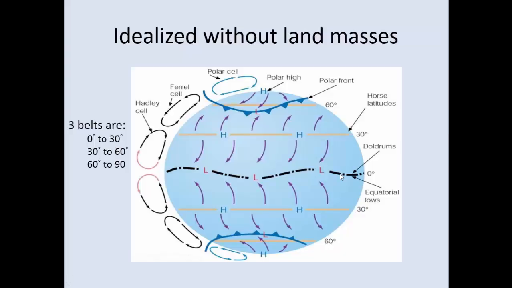Now, because air is rising above the ITCZ, we're going to get a lot of cloud. We're going to get a lot of condensation and rain. So if at any given time you looked at a satellite image of Earth, you would see really a continuous belt of cloud along the Intertropical Convergence Zone. Now, we call it the Intertropical Convergence Zone because low pressure, look at this, it's pulling air in from the north and it's pulling air in from the south.